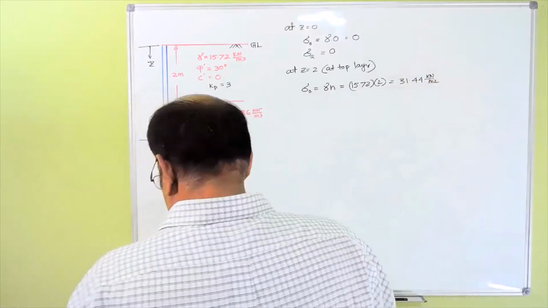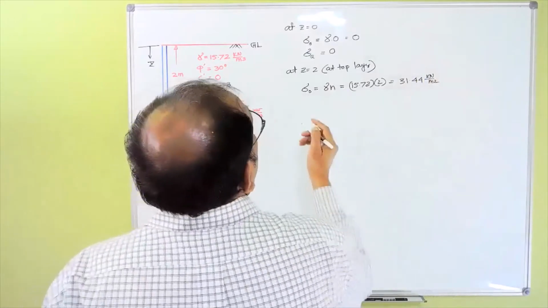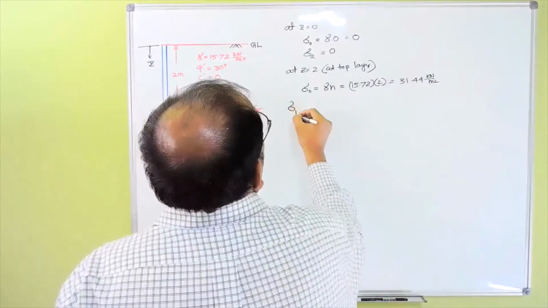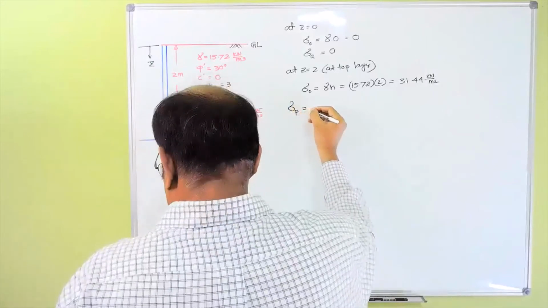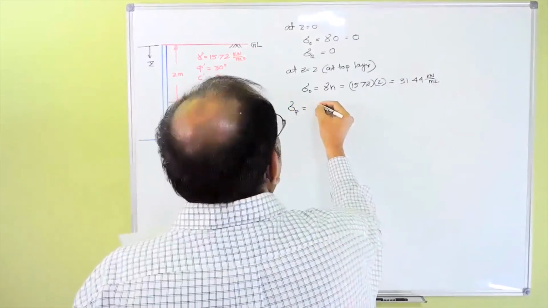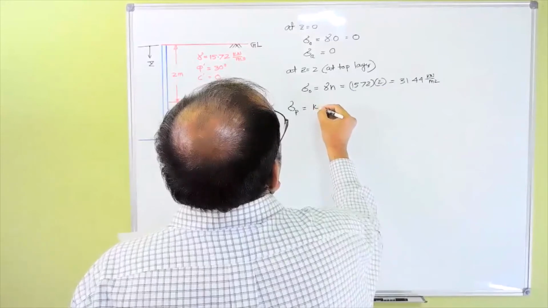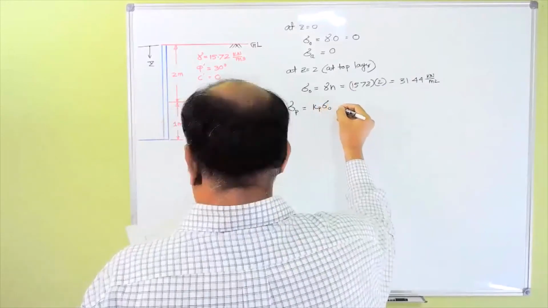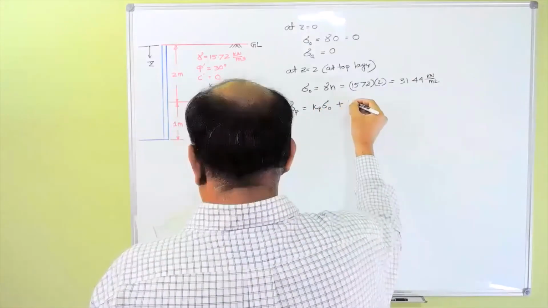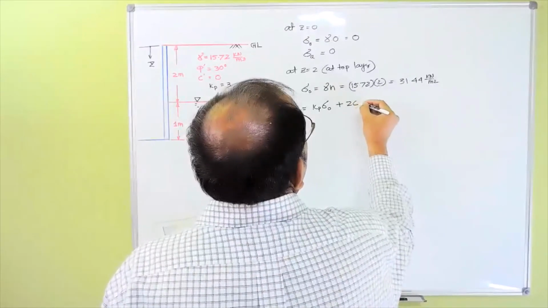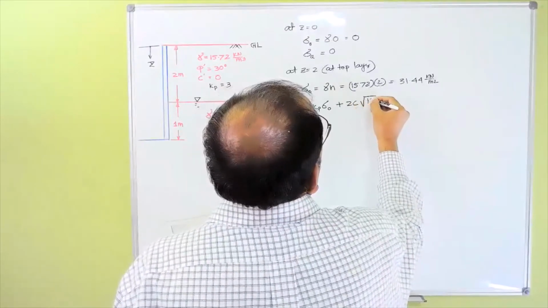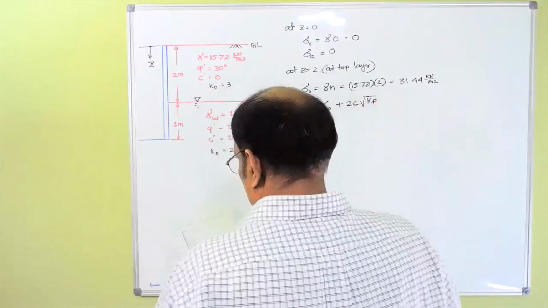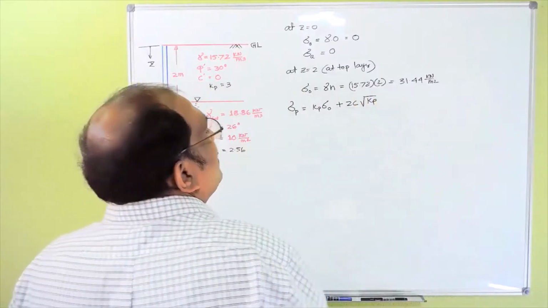Now we know that the passive pressure sigma P is Kp sigma naught plus 2c root over Kp. Okay.